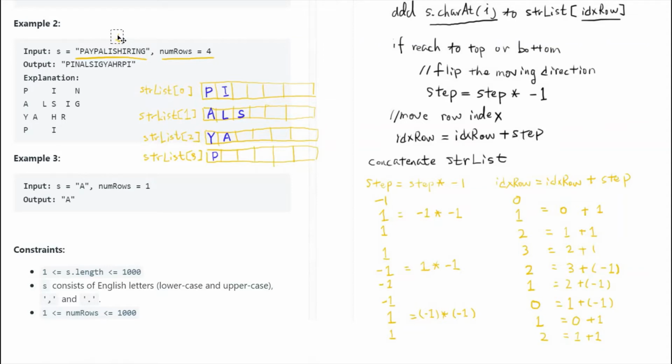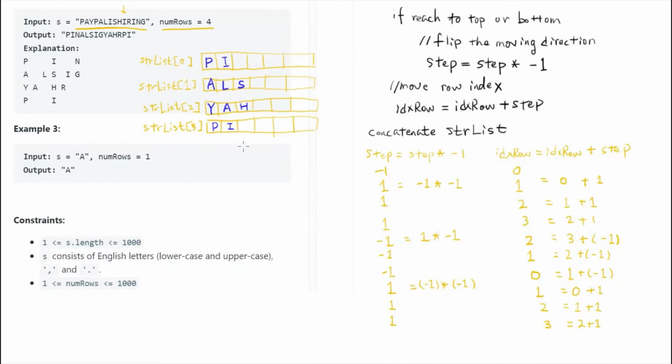We move to the letter H. We add letter H to the string list 2. Remains at 1, and the row index will be 2 plus 1 equal to 3. Move to I. We add I to the string list 3.